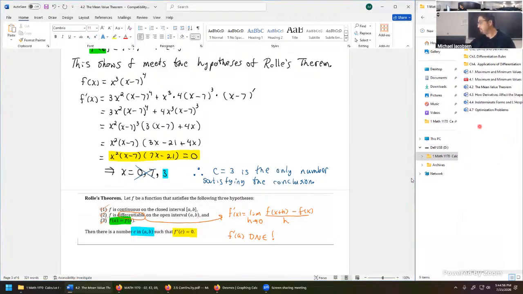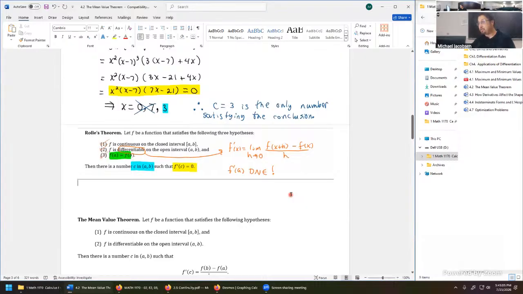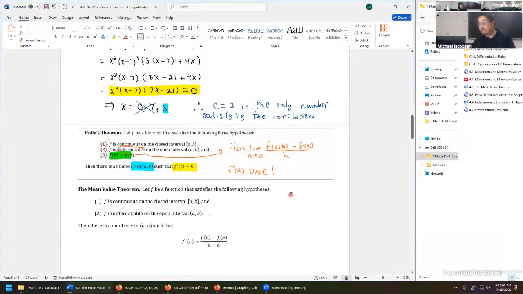Okay, for the next theorem, we're going to extend from Rolle's theorem into the good old mean value theorem. So here it is. It has two hypotheses. F is continuous on a closed interval. That's the same as hypothesis 1 in Rolle's theorem.